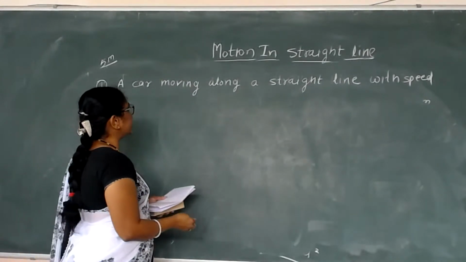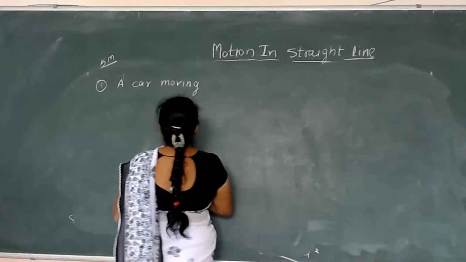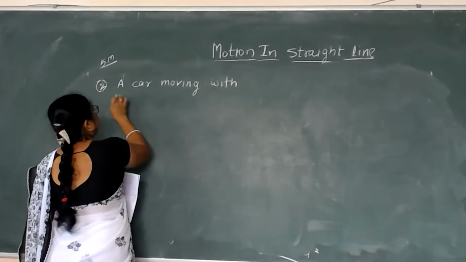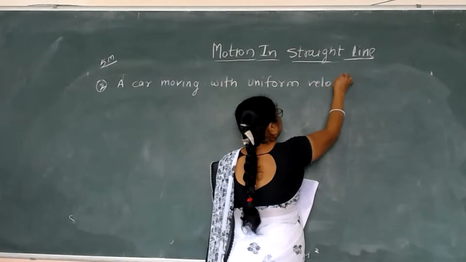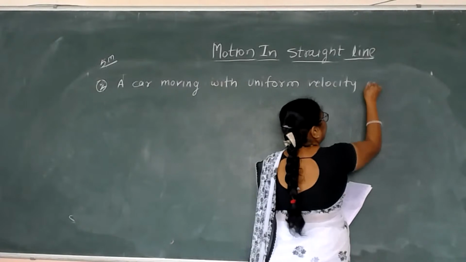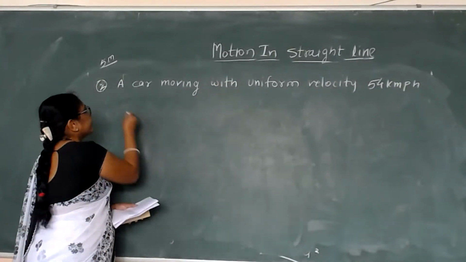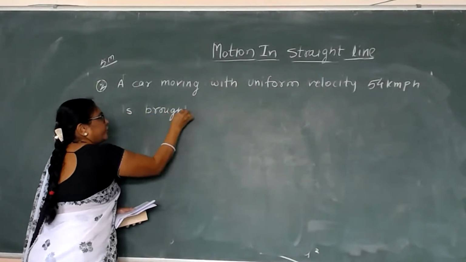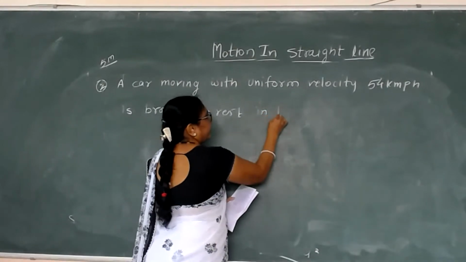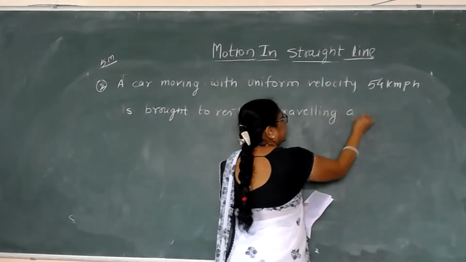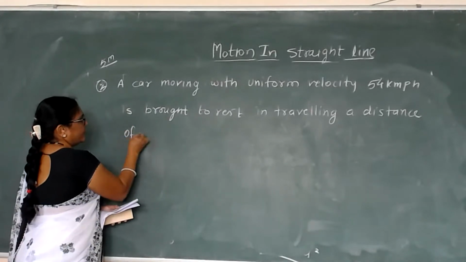Second numerical. A car moving with uniform velocity 54 kilometer per hour is brought to rest in traveling a distance of 5 meter.